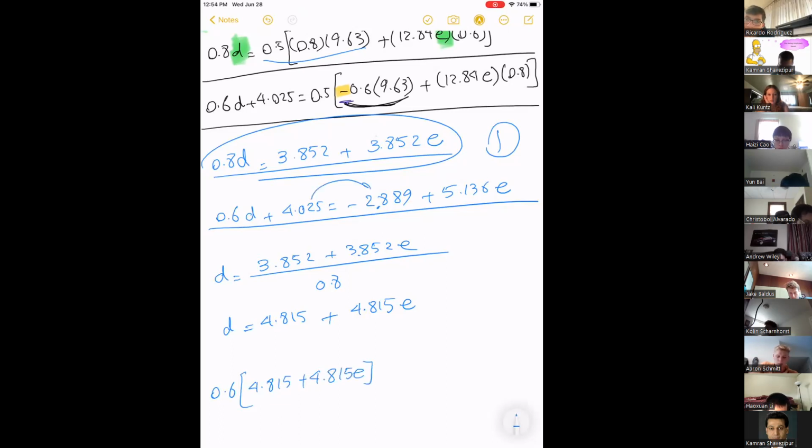This goes to the other side, and this goes to this side.